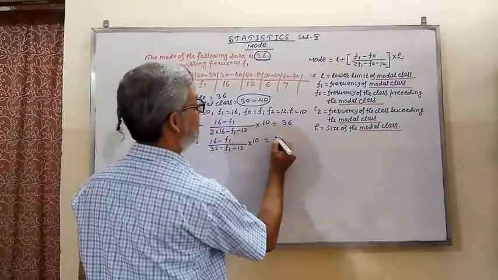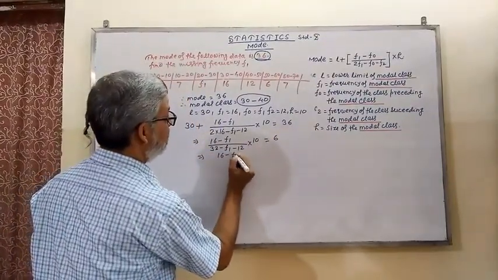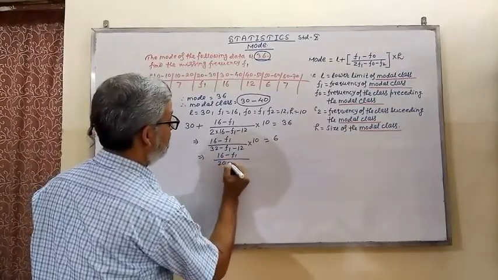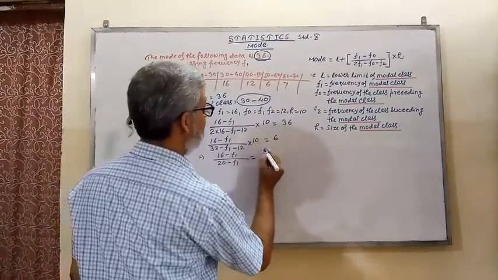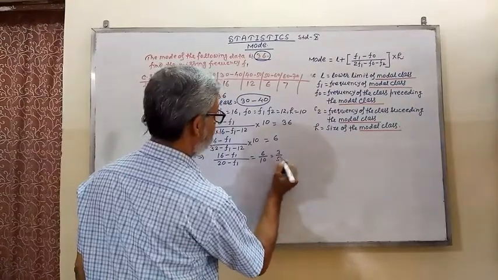Taking 30 to this side, we get 6. So (16 minus F1) by (32 minus 12 minus F1), that is (16 minus F1) by (20 minus F1), is equal to 6 by 10, that is 3 by 5.